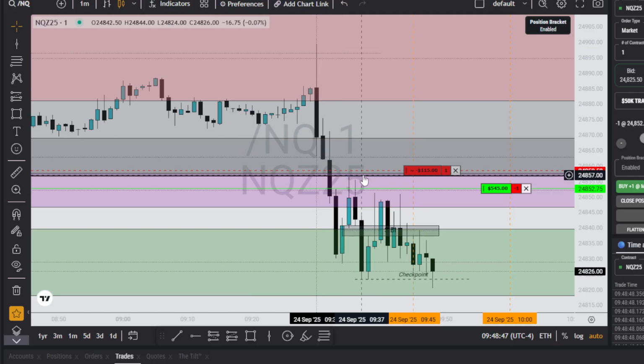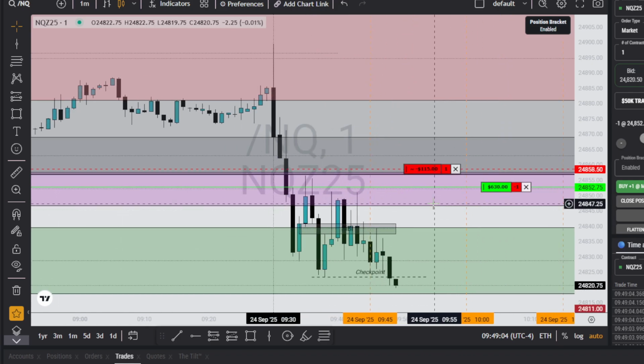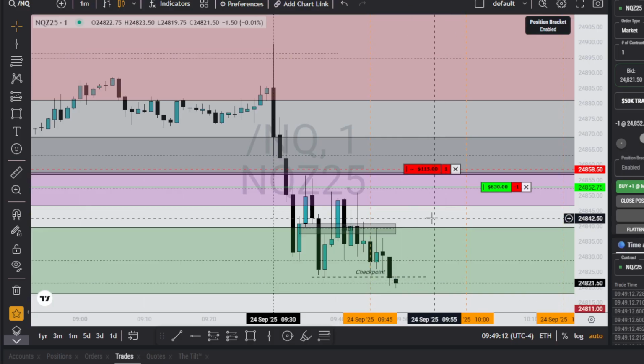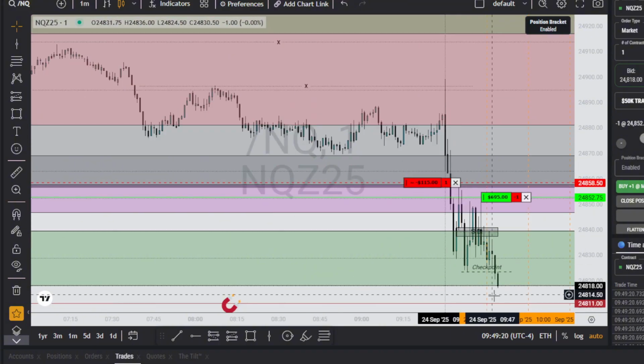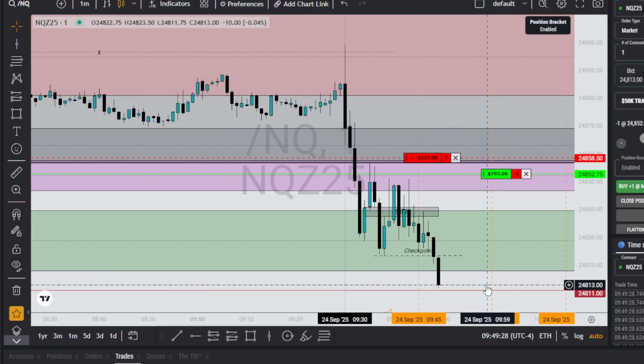Once we close or really get deep under that order block, I can go break even. And that's the heaviness we was looking for.